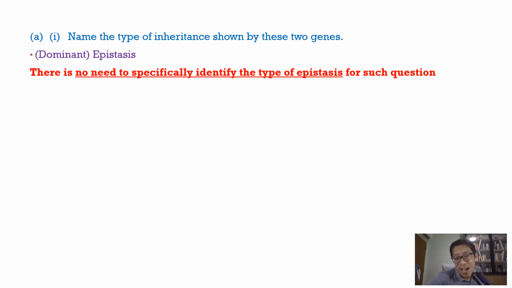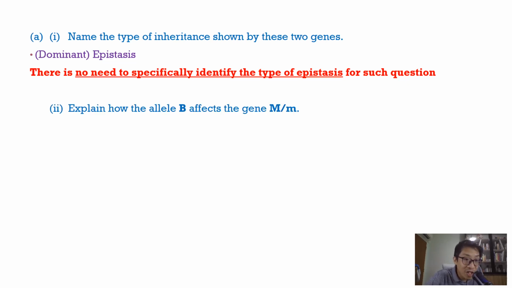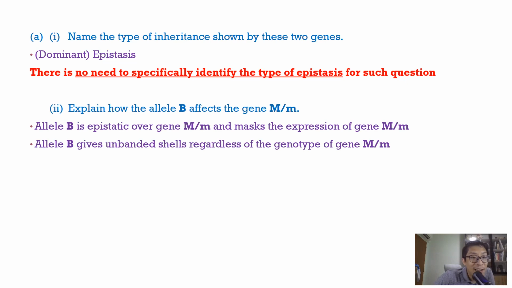Anyway, why is it dominant epistasis? That would be the answer to the next question, to explain how the big B allele affects gene M. The big B allele is epistatic. It masks the expression of gene M because it gives an unbanded shell.